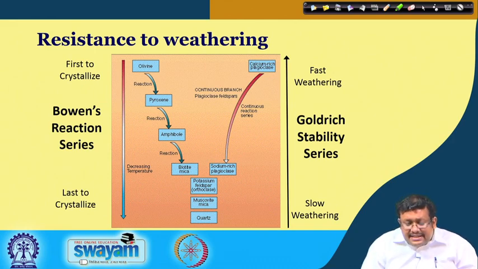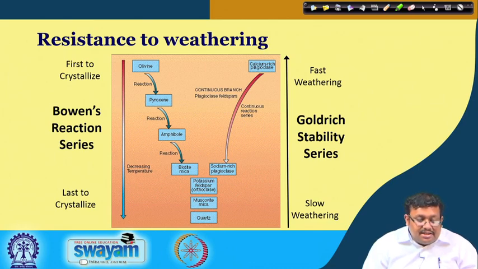And the Goldich stability series is just the opposite. That is, it says that the mineral which crystallizes first in Bowen's reaction series is most susceptible to weathering, or in other words, the mineral which crystallizes last is very slowly weatherable. So, these two series are in opposite directions.